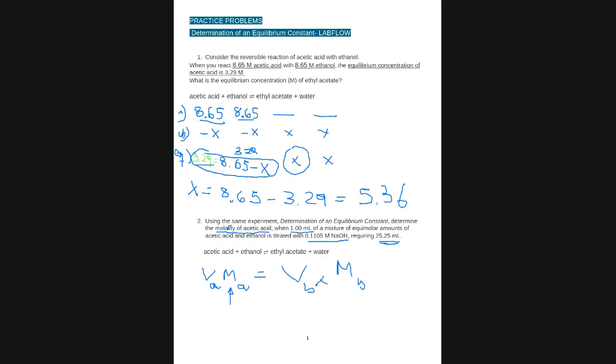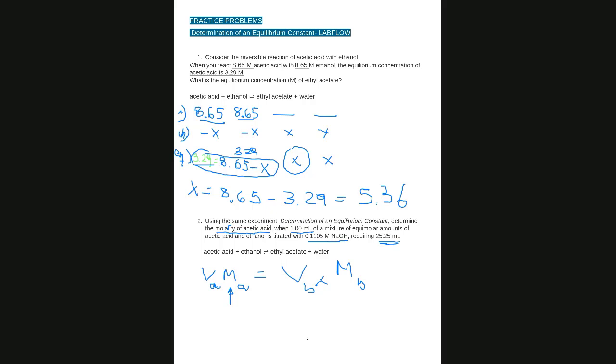Because both are in mLs, they cancel out, and we don't need to convert them into liters. You can, you're not going to go wrong, it's just to make it easier. If you're calculating number of moles and you say volume times molarity, of course, yes. But in this case, the volumes cancel out and you don't have a problem.